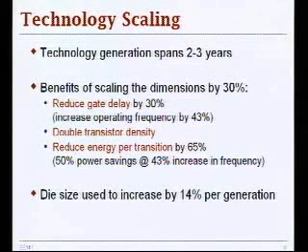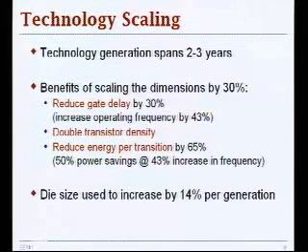This results in an operating frequency increase by 43%. It's actually going to be more than that: not a factor of 1.43, but rather a factor of 2, and we'll discuss that also. It doubles transistor density, energy per transition reduces by 65%, and die size is upsized by 14% per generation.